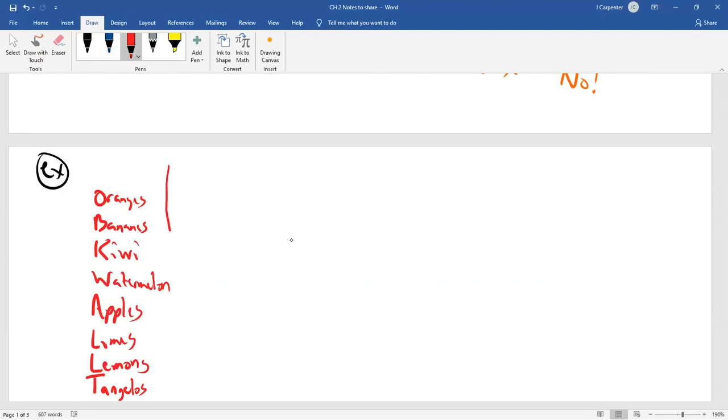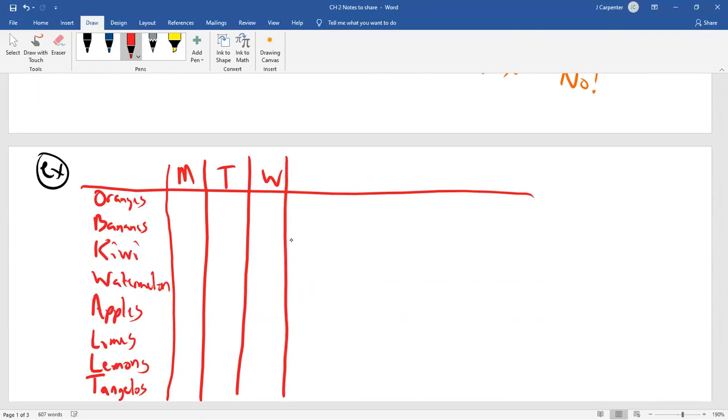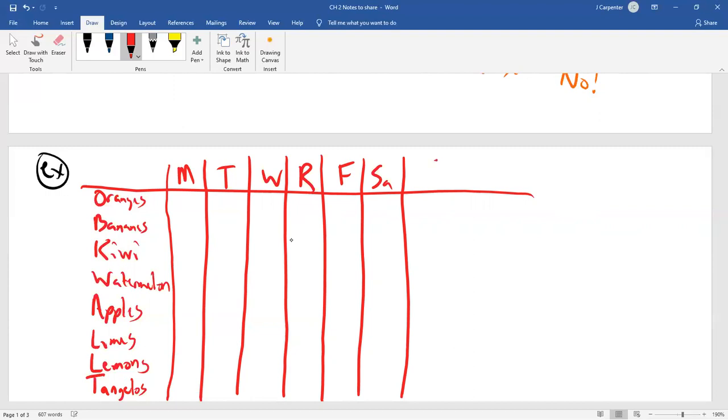And then we're going to have a whole bunch of days for these. We're going to go full week. I'm going to abbreviate the days though, because this will get ridiculous otherwise. Monday, Tuesday, Wednesday, Thursday, which we're college students, we should know is R, Friday, Saturday we'll do SA, Sunday we'll do SU, and then just finish the horizontal lines.